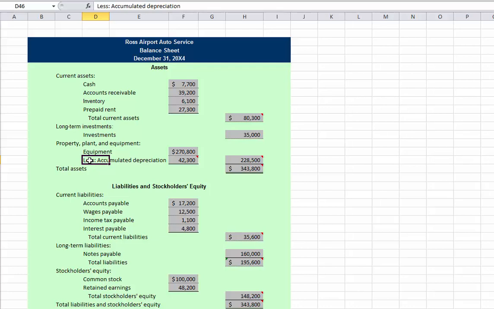And the total amount of the depreciation is shown here in accumulated depreciation, which is a contra asset account that offsets the asset it is depreciating. And it determines the carrying value or book value of the equipment. We subtracted the accumulated depreciation from the equipment.